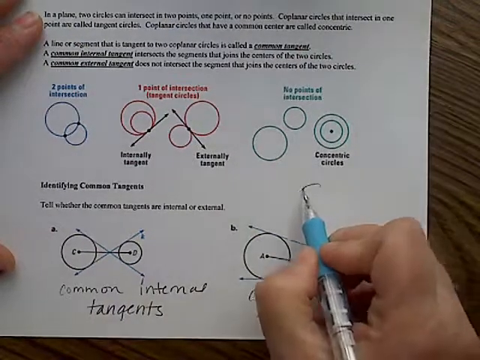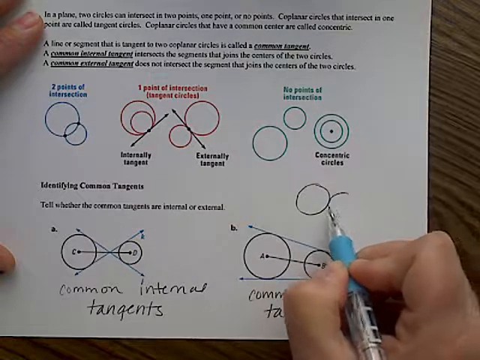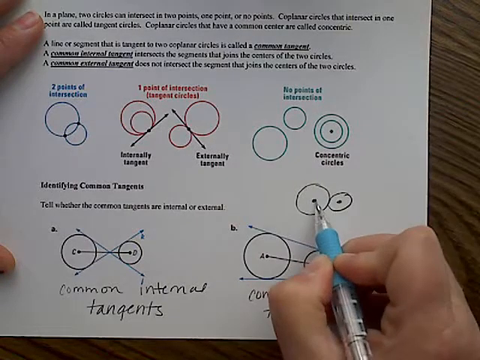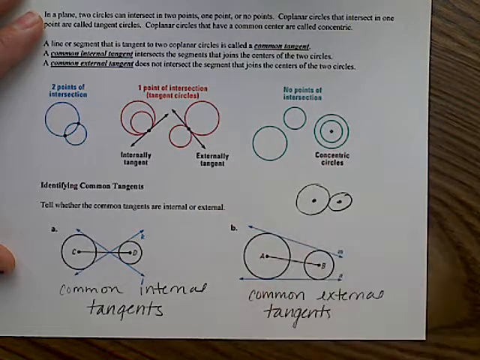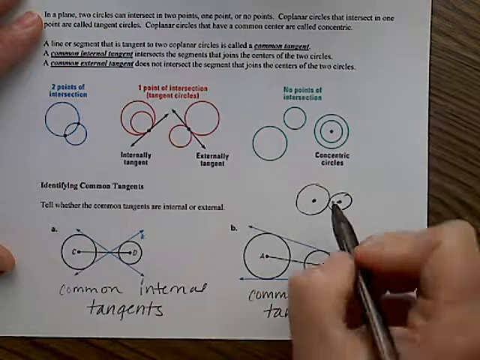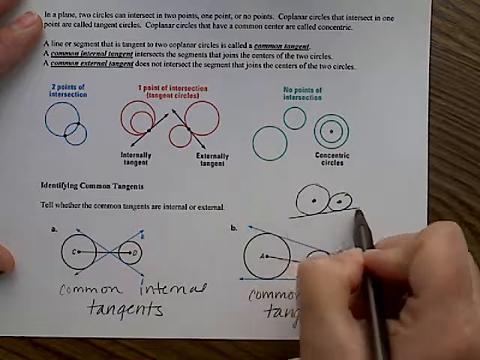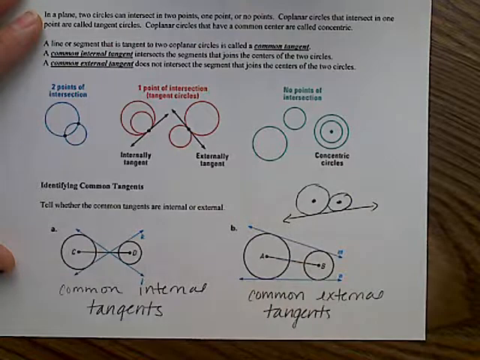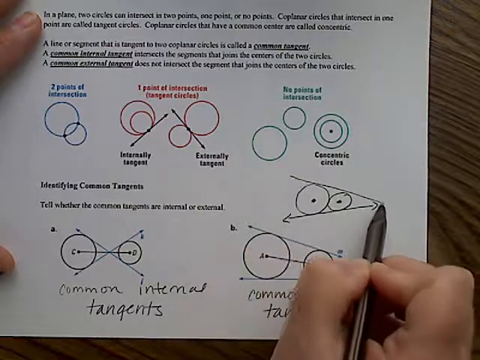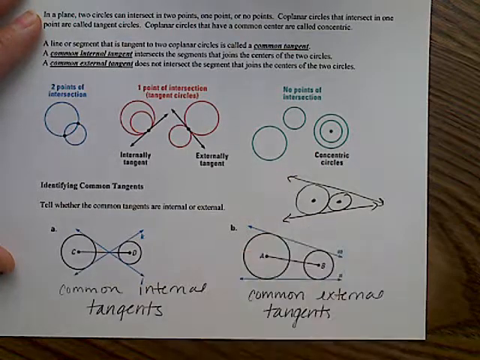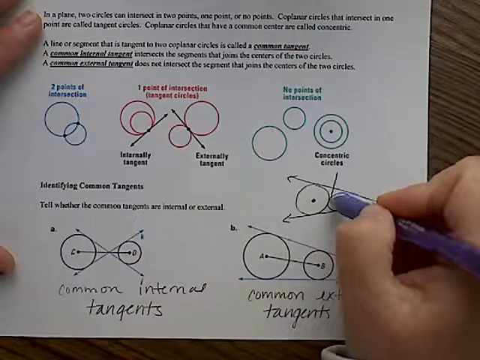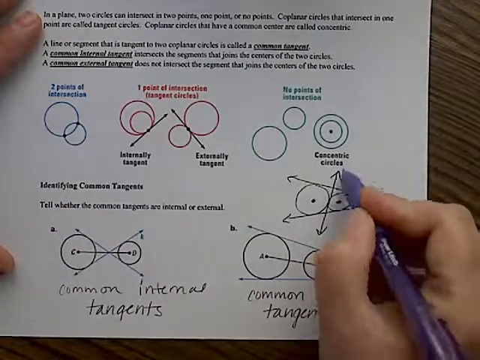Now, just another couple examples. What if I have these two circles right here? Couldn't I draw a common external tangent there? And then could I draw another common external tangent here? And then could I draw a common internal tangent right here?